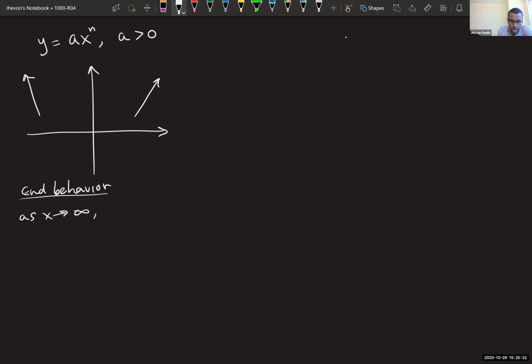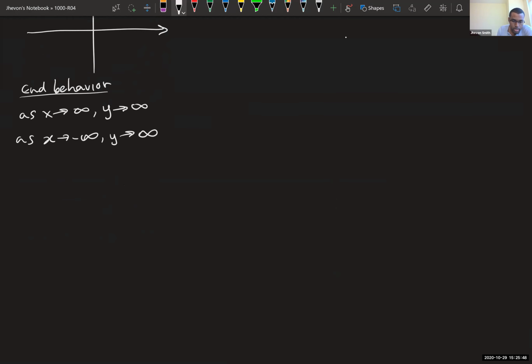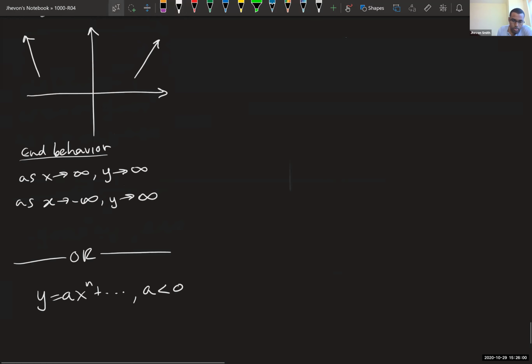As we go far to the right, the y value will go up. And as x goes to the left, the y value will also go up. So it goes up in both cases. You can be in a scenario where you would have y equals ax to the n plus a bunch of other stuff, where your a is negative.